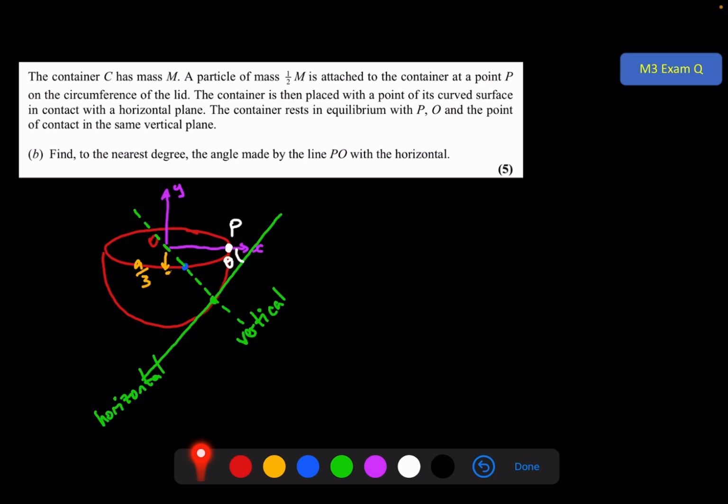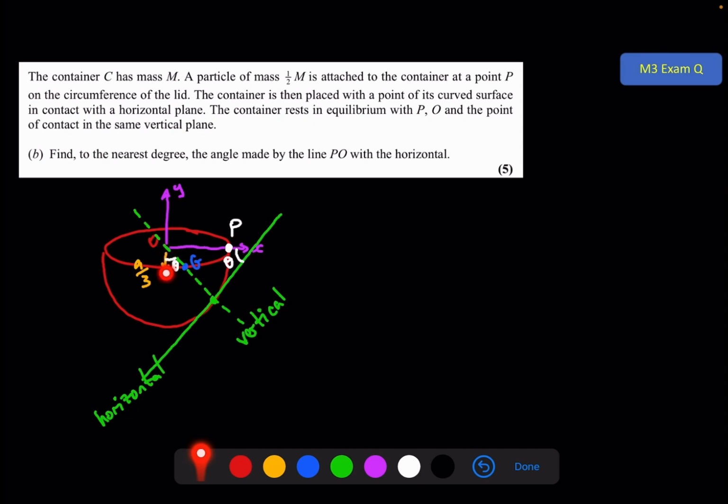So first a quick bit of geometry. If this is theta, 90 minus theta, this is also theta. That will help because to find moments about this point, which I will call G, I need to know the distance from here to here. If I can get that in terms of theta, that will help because I can also find the distance from here to here with the help of theta.